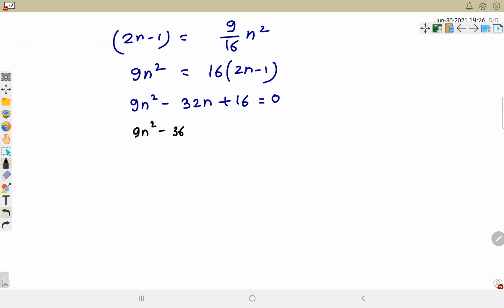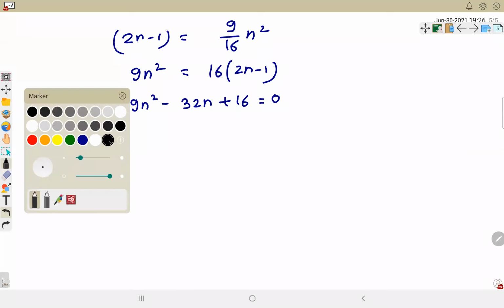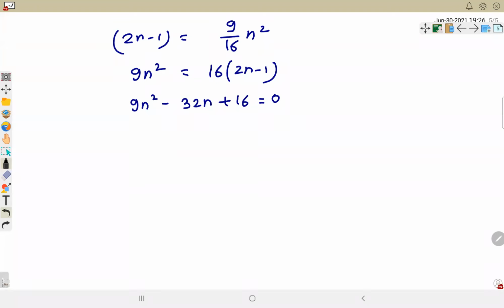Nine n square minus 36n plus 4n. I don't think it's correct. It's coming out as a perfect square, Divani. Minus value is also coming, but minus will be neglected because time can't be negative. Yes, it's coming out to be a perfect integer value.